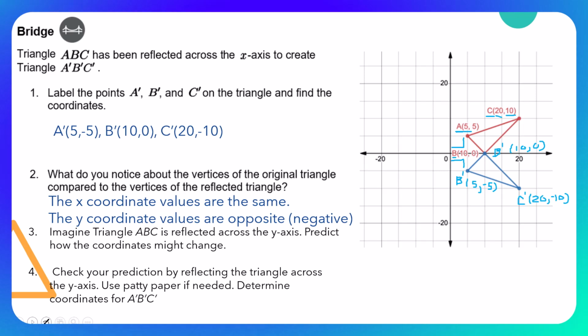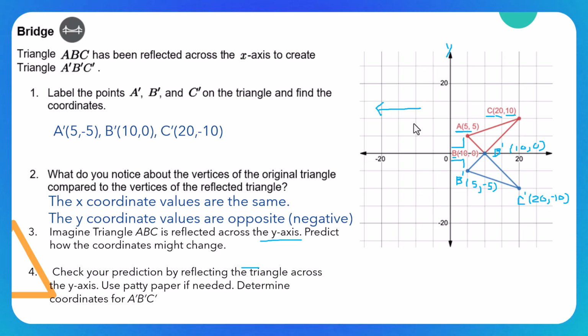Number 3 says, imagine triangle ABC is reflected across the y-axis. So again, we're looking at the red triangle, and we're going to reflect it this time across the y-axis. We want to predict how the coordinates might change. So I'm thinking we're going to go in this direction. Now we're reflecting it across the y-axis, which means we're folding it over the y-axis.